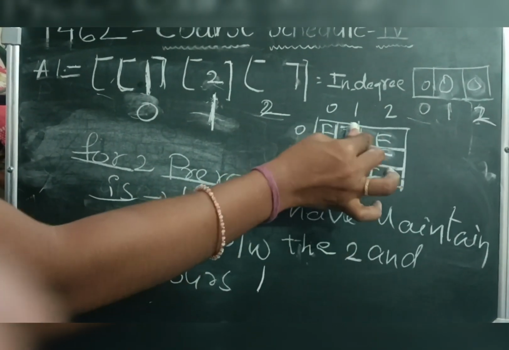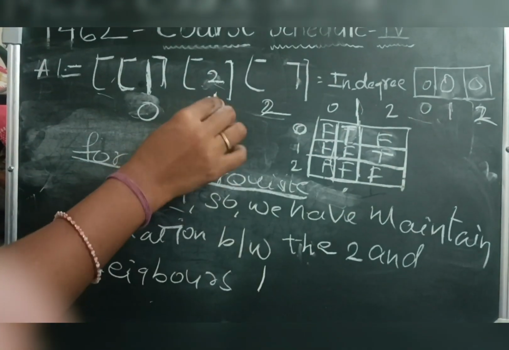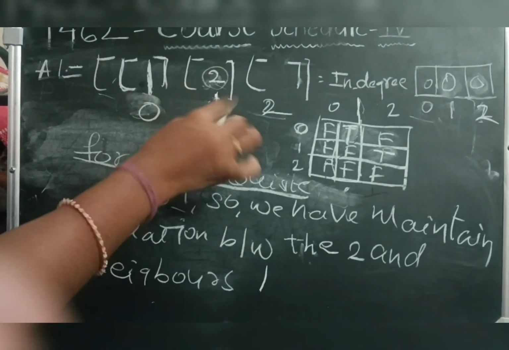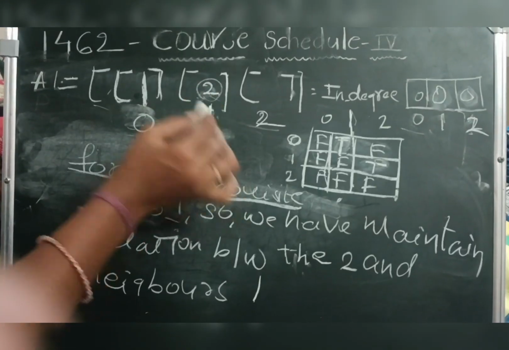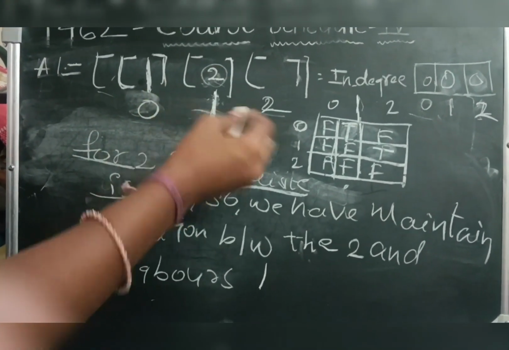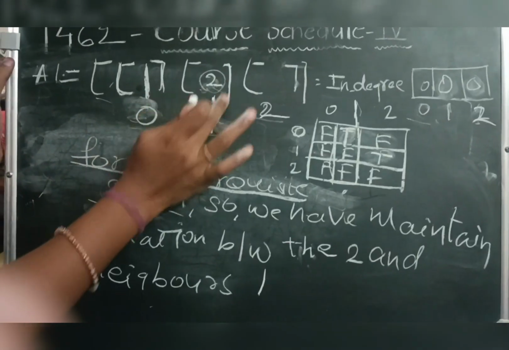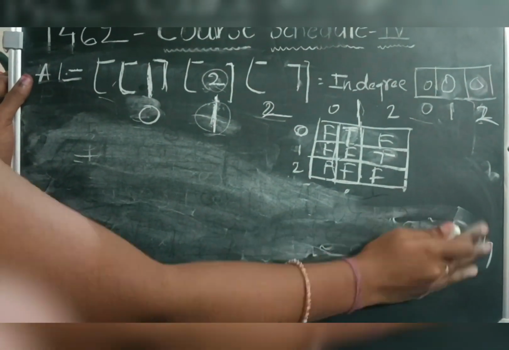What does this mean? The 0th vertex is the prerequisite of 1. So before processing 2, we have to maintain the relationship 0 to 2, because 0 is the prerequisite of 1, and 1 is the prerequisite of 2. So while processing the neighbors of the present element, we have to check what the prerequisites of our popped element are.